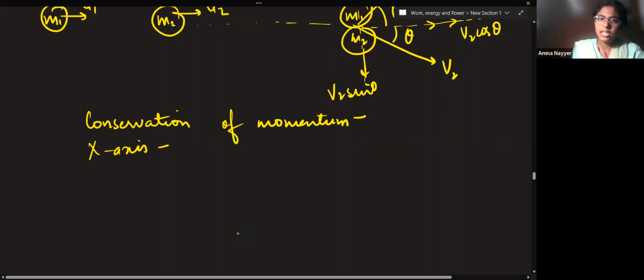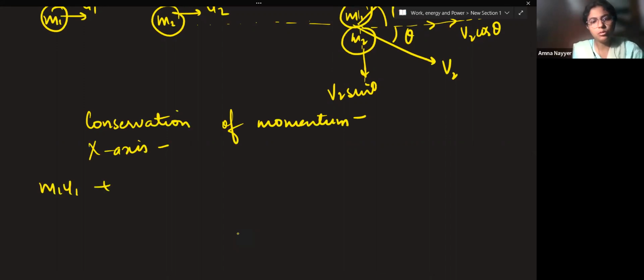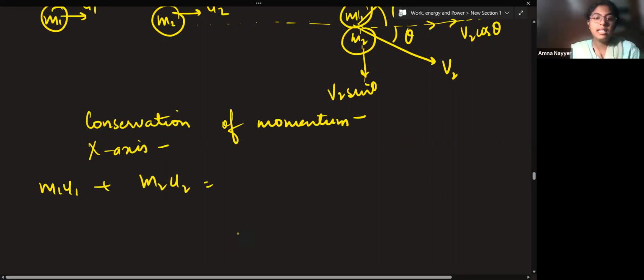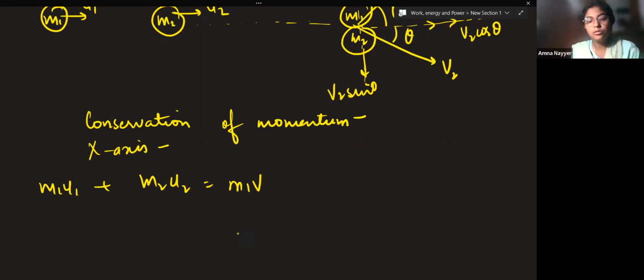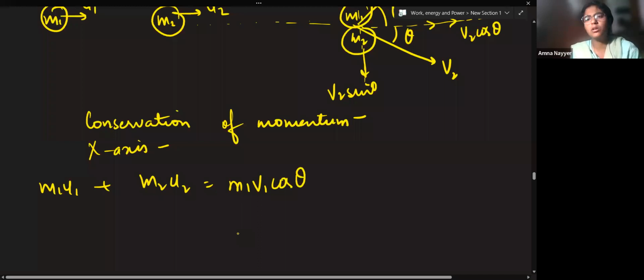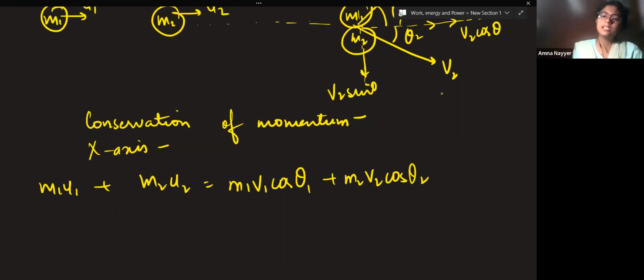Initially it will be M1 U1 plus M2 U2. But finally, this will be M1 into V1 cos theta 1, let's take theta 1 and theta 2, because we are not sure whether it is the same or not, plus M2 V2 cos theta 2. This is conservation of momentum along the x-axis.